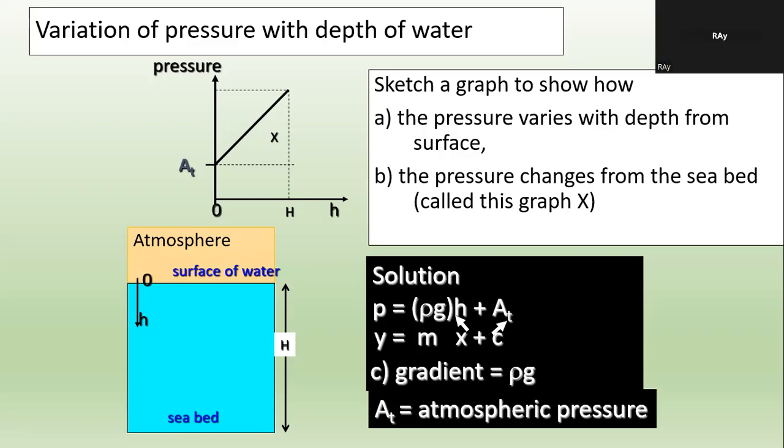Okay, so we get a straight line starting with the atmospheric pressure. If we want to consider the bottom as our origin, then there is a line. Atmospheric pressure doesn't change with short distance, short height. That's why it's horizontal, this part.